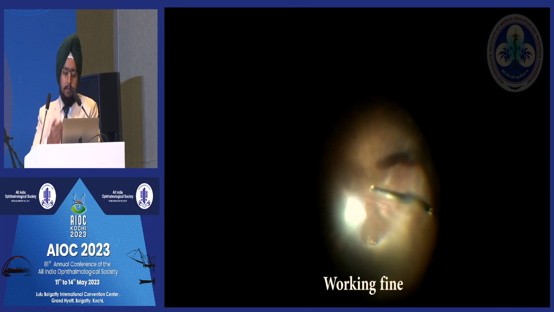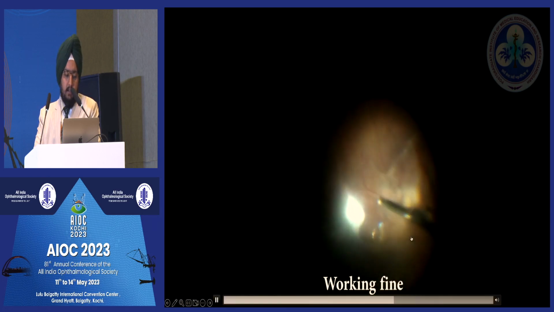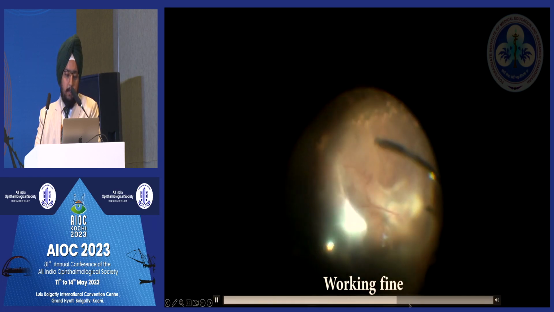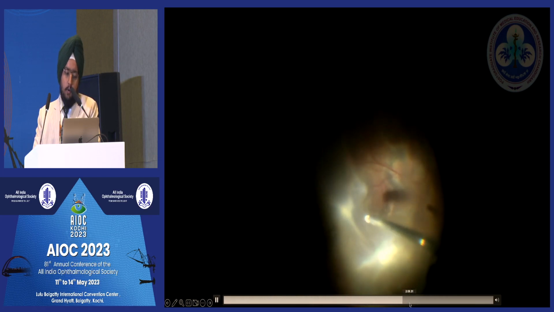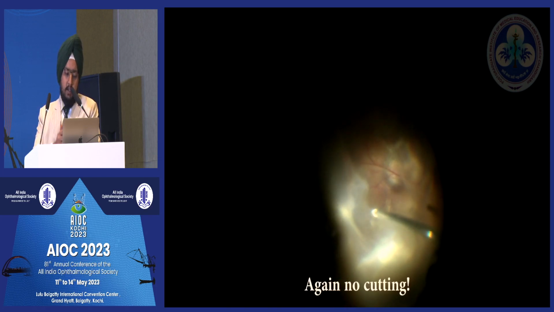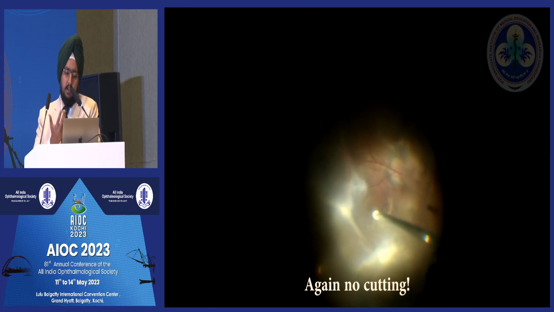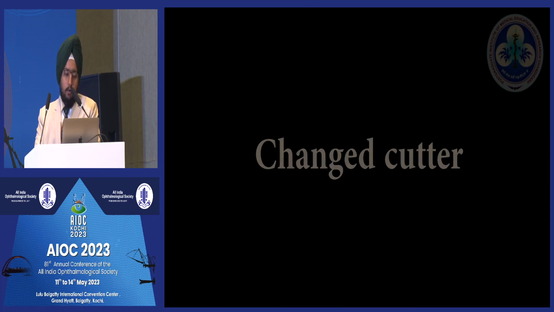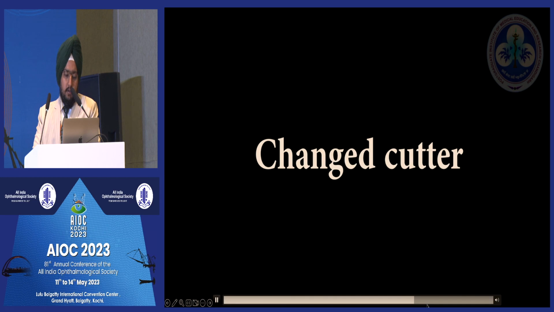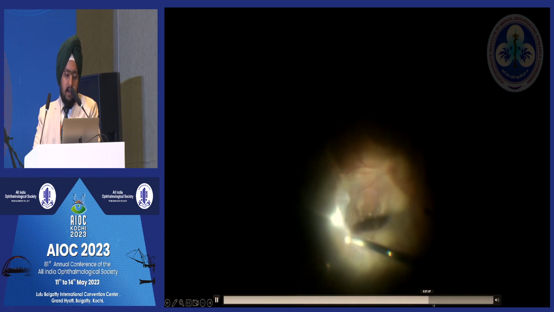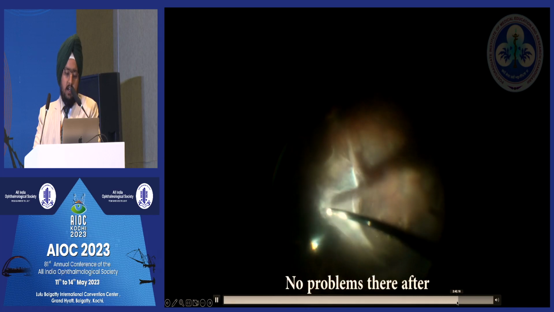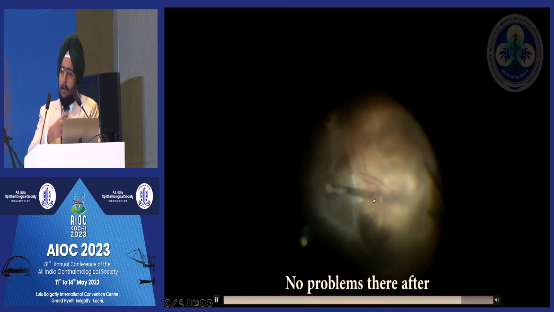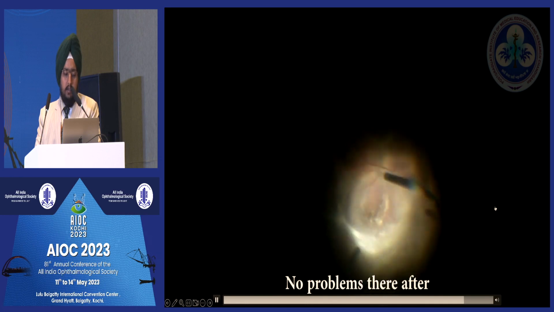So this happened multiple times, and ultimately we replaced the machine with the second machine in our OR, and again you can see the same thing happening, just the vacuum was coming in the cutting mode. This time changed the cutter, again the same thing repeated. So ultimately changed the machine and then completed the surgery, dissected all the dissection planes.